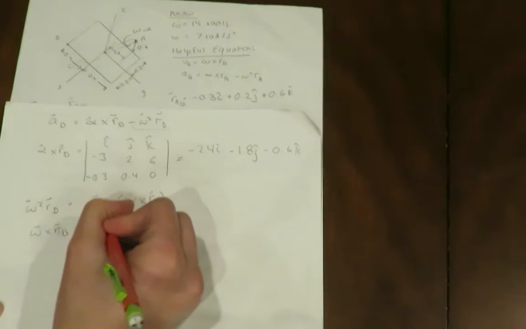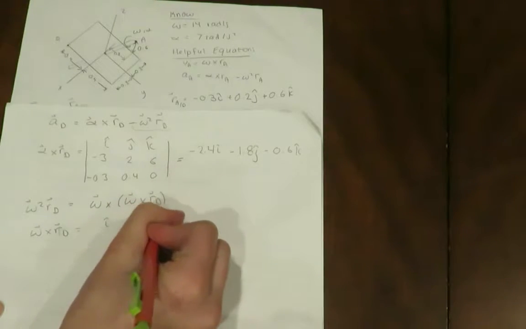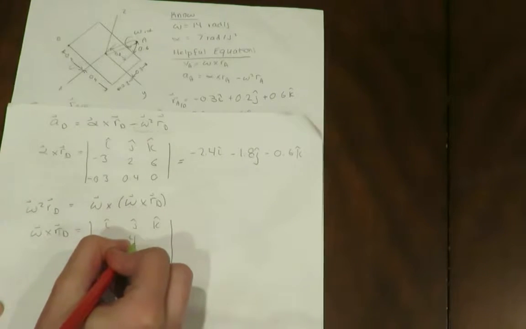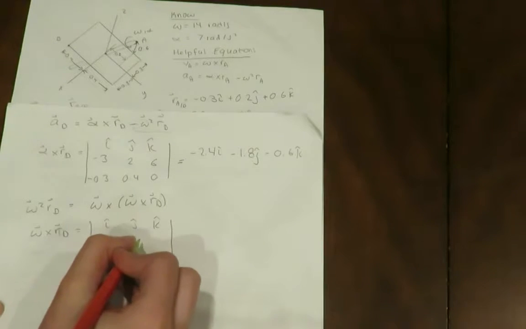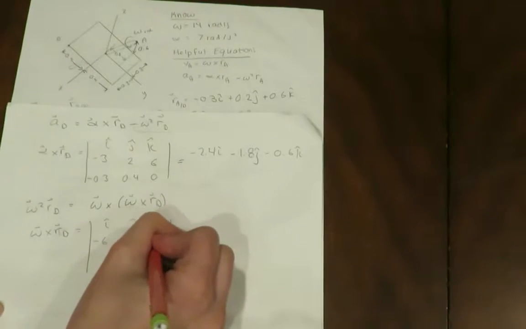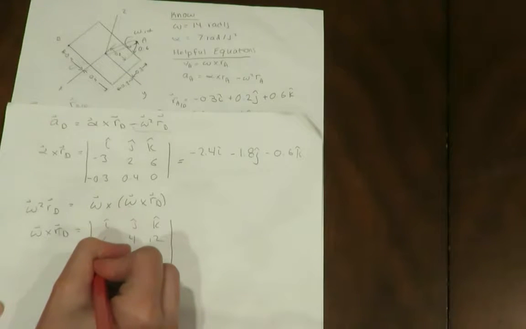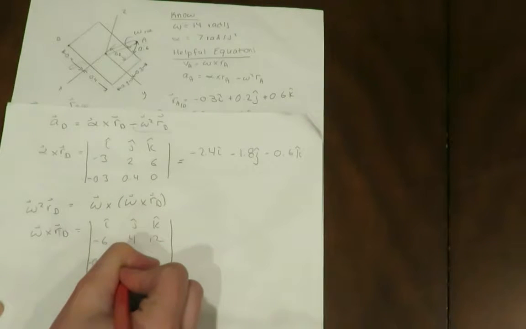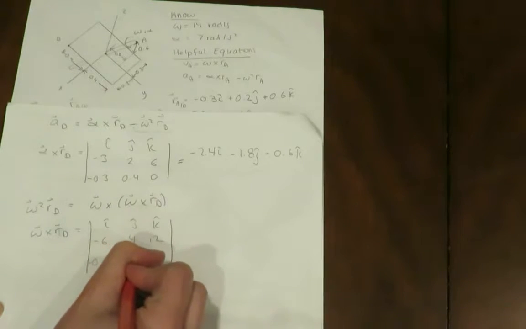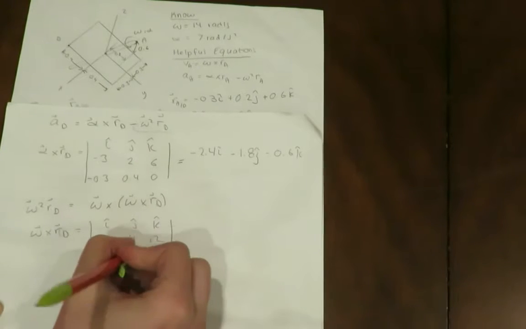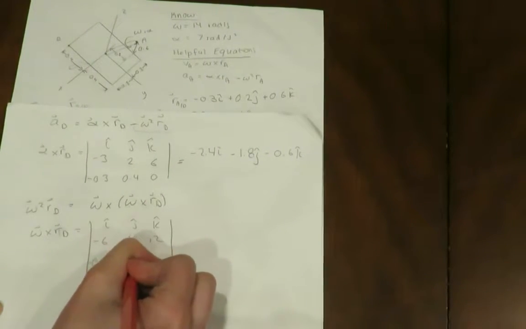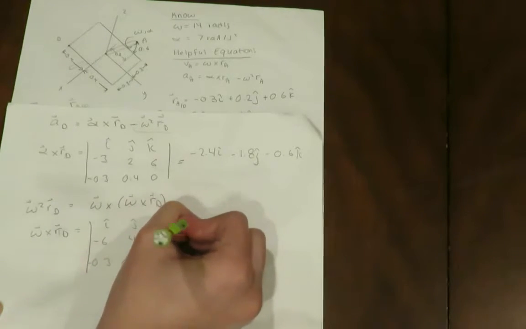Omega was negative 6, 4, and 12 k hat, and RD was 0.3, negative 0.4, and 0.